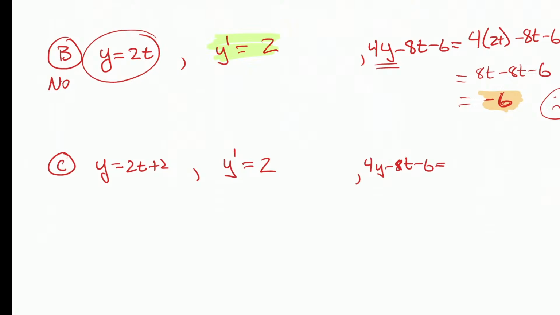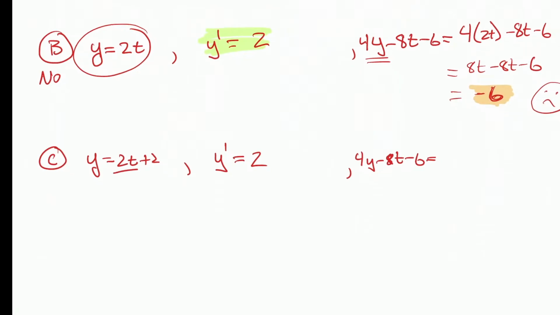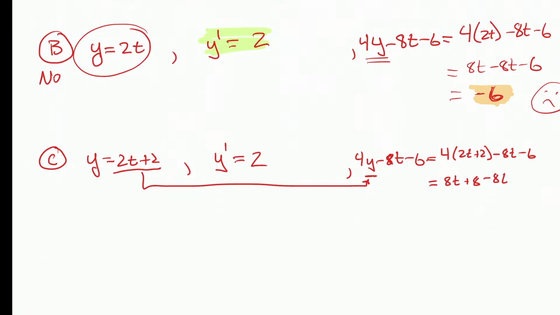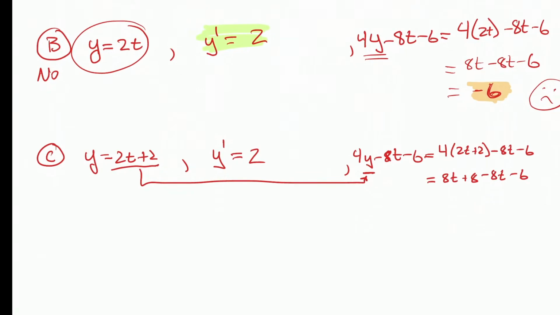Okay, I believe you. So now we're going to plug this in for y to see what we get. So this is 4 times 2t plus 2 minus 8t minus 6. So this will be 8t plus 8 minus 8t minus 6, which is going to equal 2.